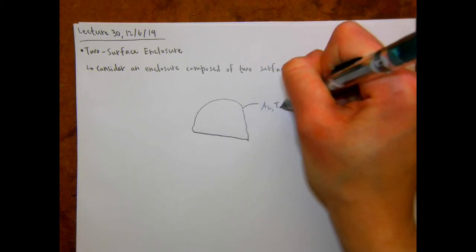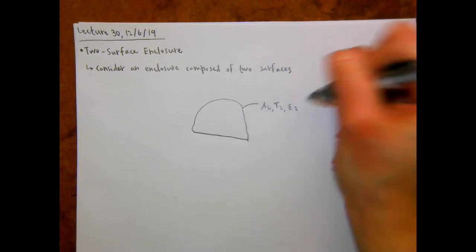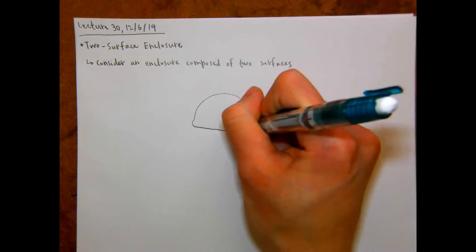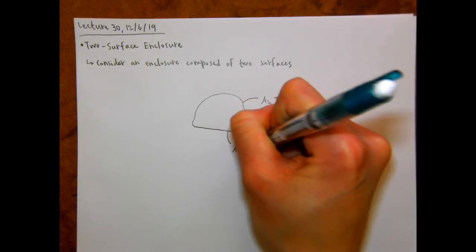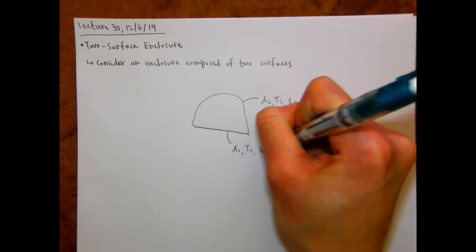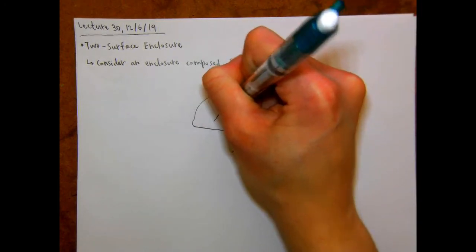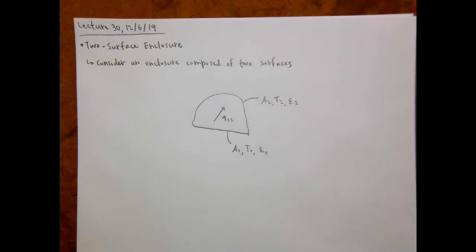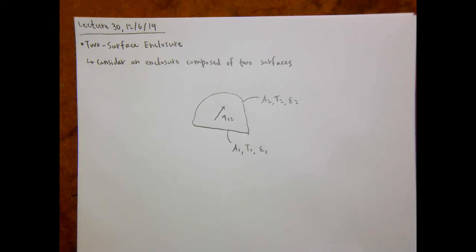So surface 2, which has a certain area, temperature, and emissivity, and surface 1. And then there's going to be some net radiation exchange just between the two surfaces.